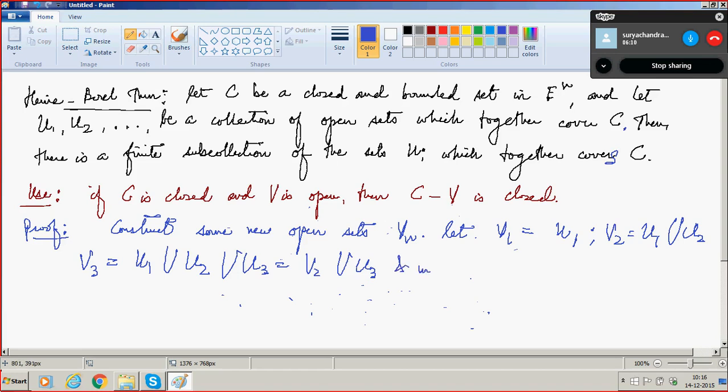And in general, the set Vn plus 1 is equal to Vn union Un plus 1.